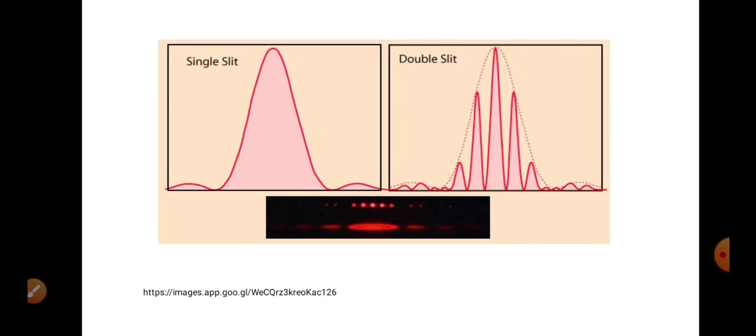Intensity is varying and it is maximum at the center of the screen, and gradually minima and maxima occur on both sides of the screen, and alternating bright and dark bands of unequal width are obtained.